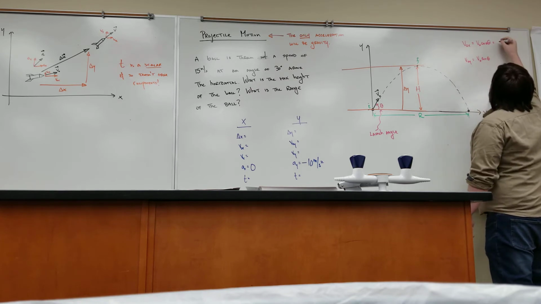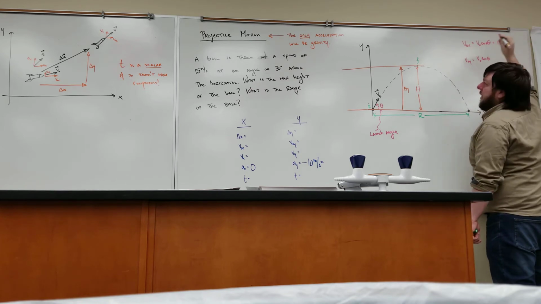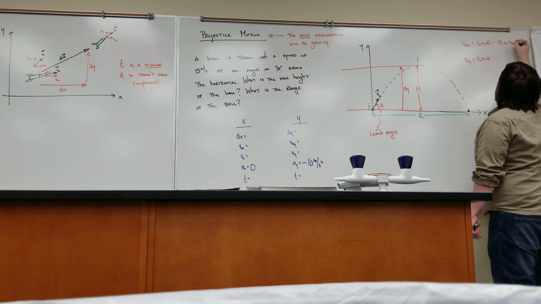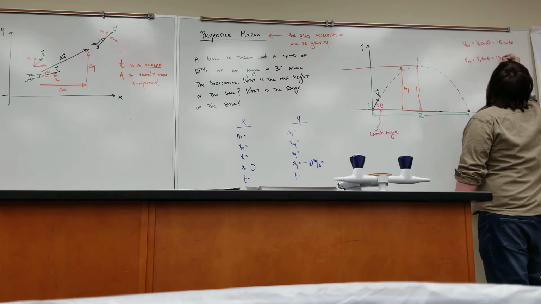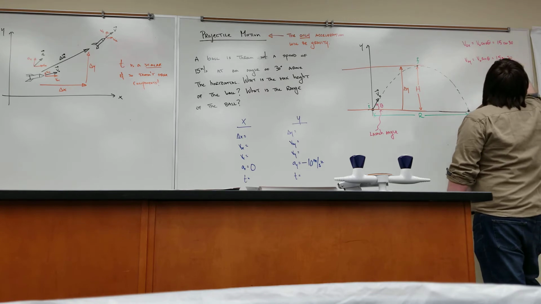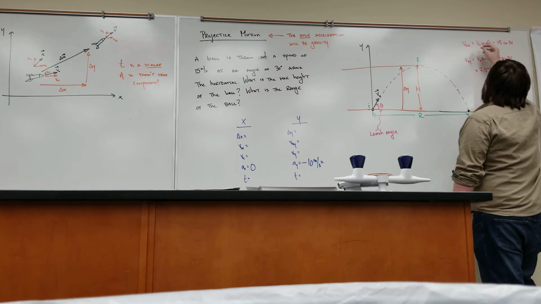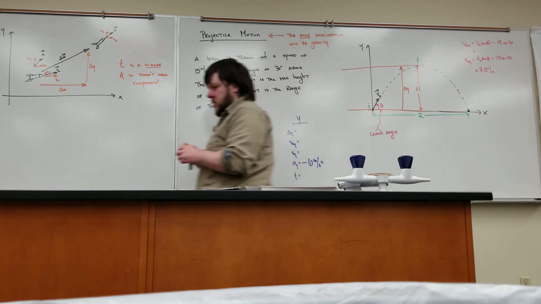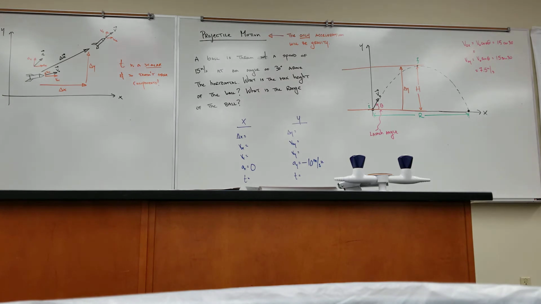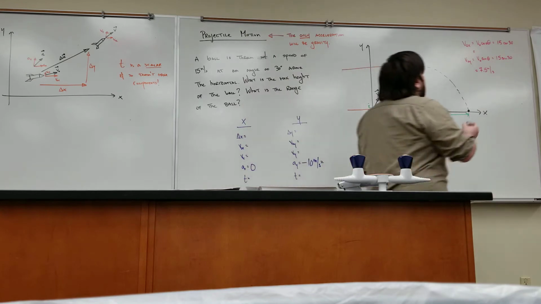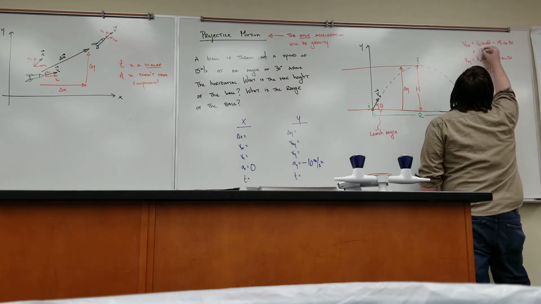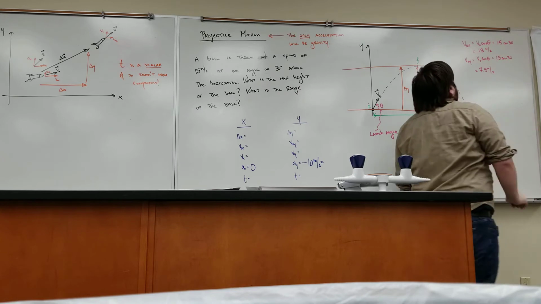V naught I said was 15, and I said the angle was 30. V naught y is 15 sine of 30. Sine of 30 is 1/2, so this is 7.5 meters per second. And V naught x, 15 cosine 30, is 13.0 meters per second.